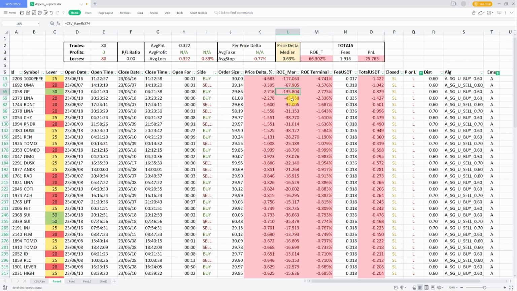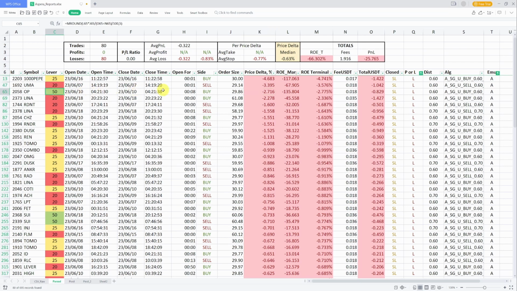And here is another one, even bigger. I've lost 135% of my margin. But I don't know how that is possible. But it did happen. So for a 50 leverage coin, the maximum loss should be 2%, and the exchange liquidates your position automatically if your loss is greater than 100 divided by leverage.